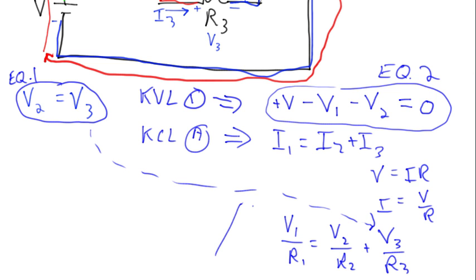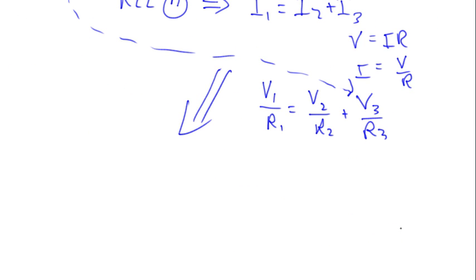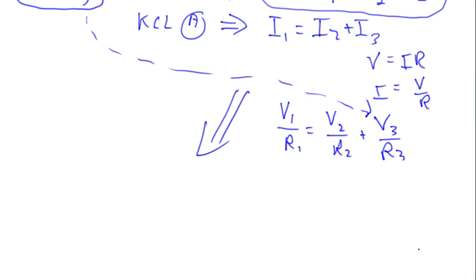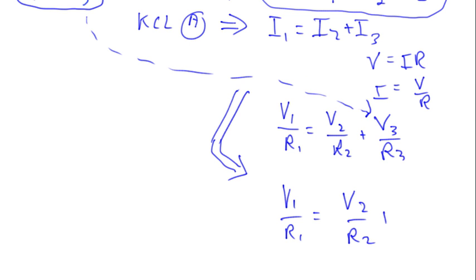I make that substitution, and it follows down this way: V1 over R1 equals V2 over R2 plus V2 over R3.